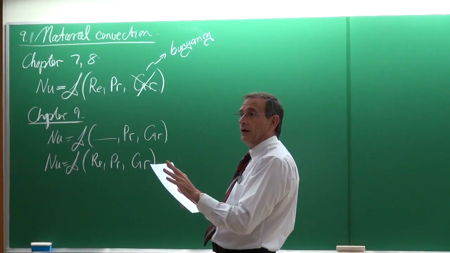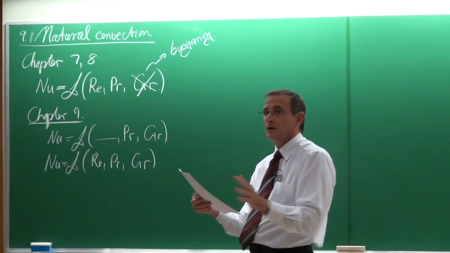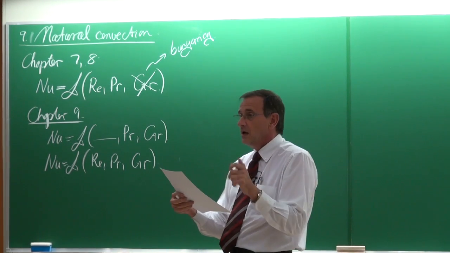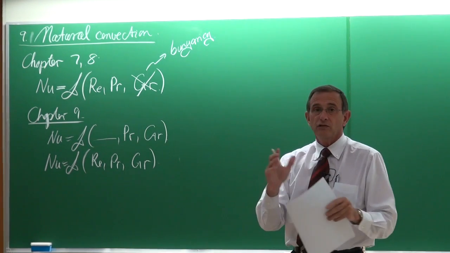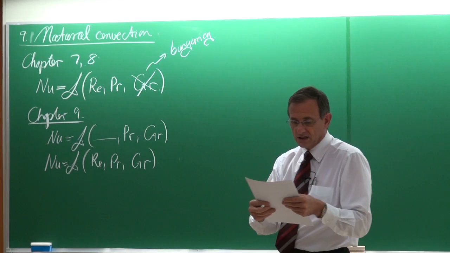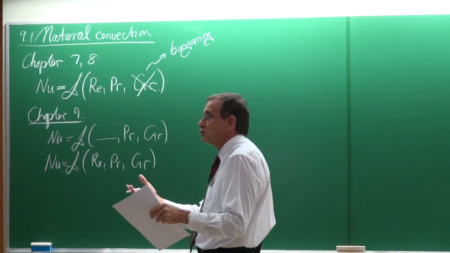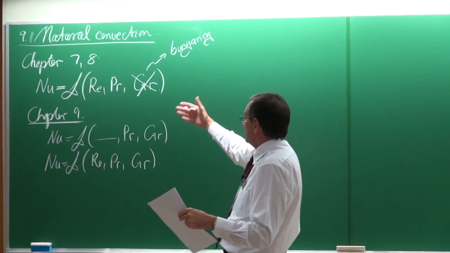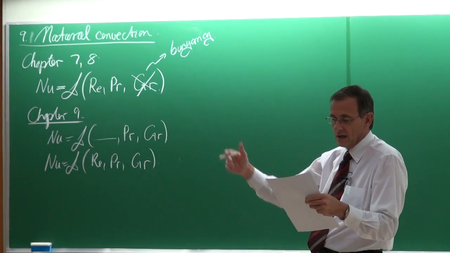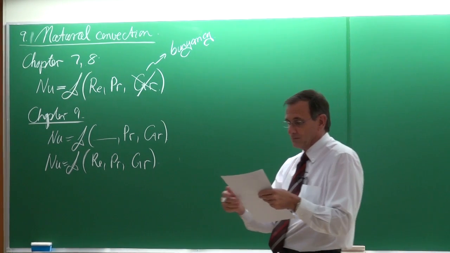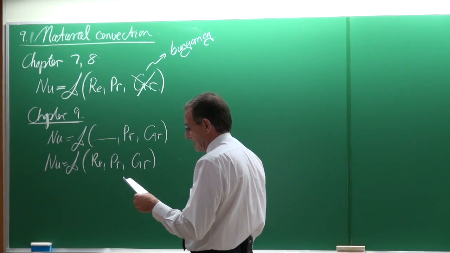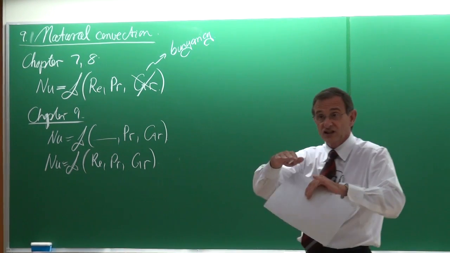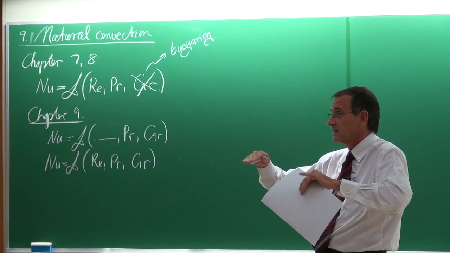If we look at the content of chapter 9, firstly, we're going to look at the mechanism of natural convection, paragraph 9.1. Then there's the equation of motion and the Grashof number, what it is, what it stands for. Then we're going to look at the effect of different surfaces, specifically flat surfaces, because we would like to start very simple.